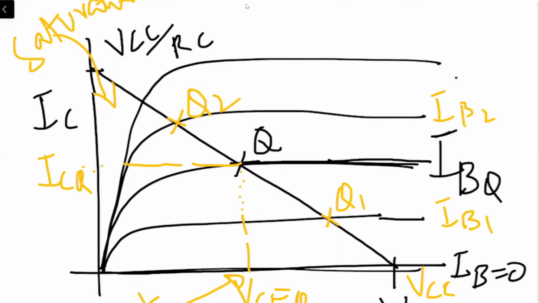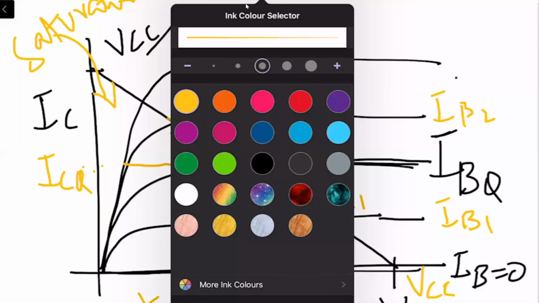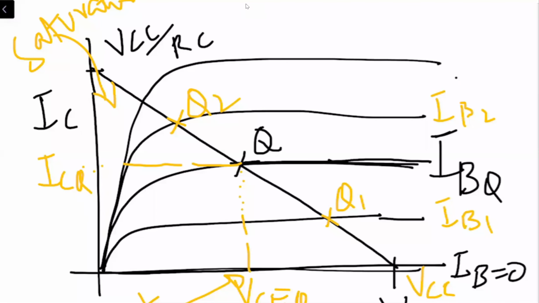Now there is another thing, that the RC value can also vary, right? If the value of RC varies over here, what will happen to this line? Now normally this line over here is called the DC load line, right?